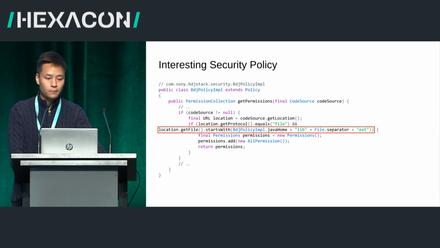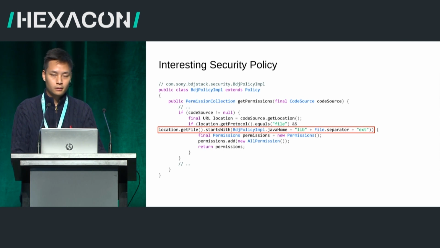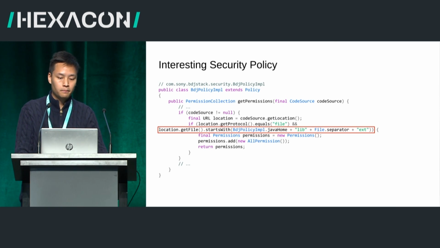And the last piece of the puzzle, the BDJ stack contains its own security policy implementation, and in the getPermissions method, there's an interesting condition. If the location of the code source begins with a certain prefix, all permissions are granted. And that is the number one mistake when handling and checking file paths. If path traversal is possible, then we can trick the security policy into giving us all permissions.